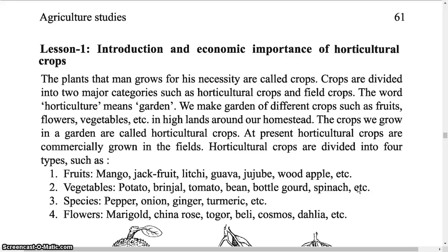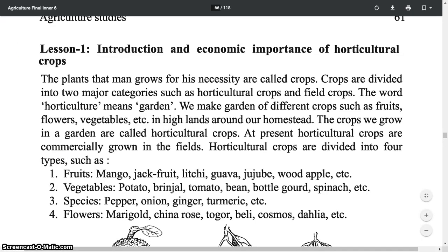in highland around our homestead. The crops we grow in a garden are called horticultural crops. At present, horticultural crops are commercially grown in the field. Horticultural crops are divided into 4 types.